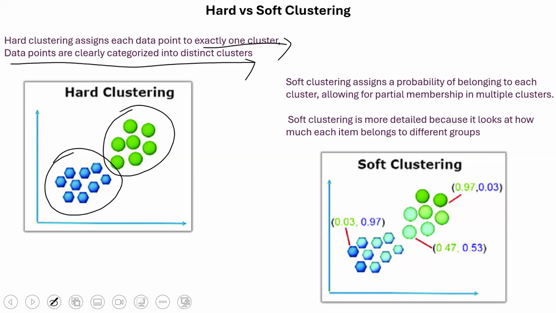When coming to soft clustering, we come up with the probabilities of each point belonging to different clusters. If you look at this particular diagram, we are 100% sure that all these points belong to one cluster, but this point can go to this cluster or this cluster. There is an equal probability of this point falling in this cluster and this cluster.